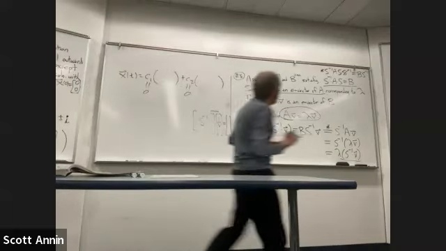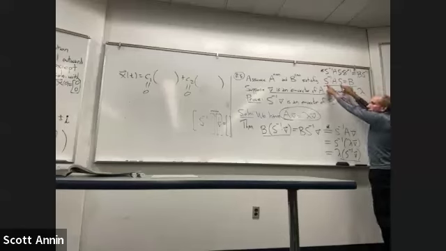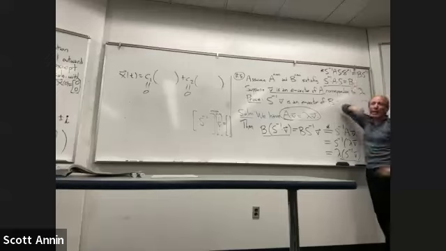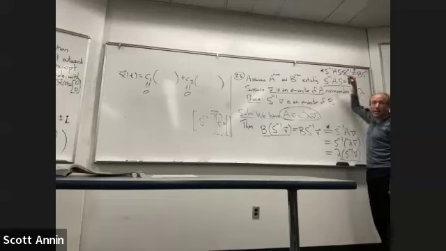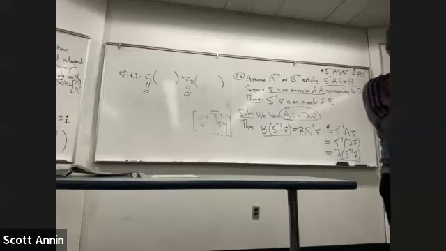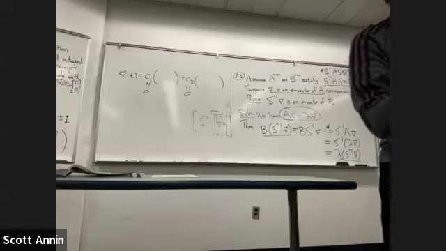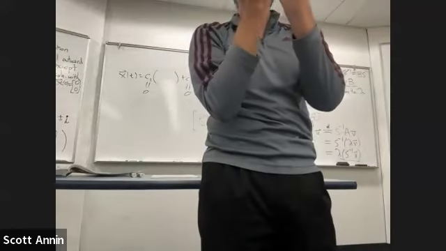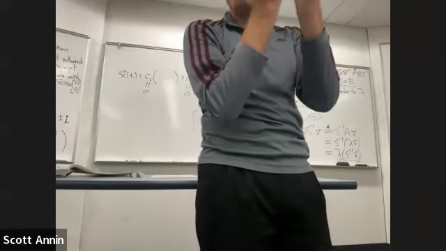By the way, can I cancel the S inverse and the S right here? No. Please don't. There's still a lot of people doing that kind of thing. Unless the matrix and its inverse are directly next to each other, they cannot be canceled. The order of matrix multiplication makes a difference, right?